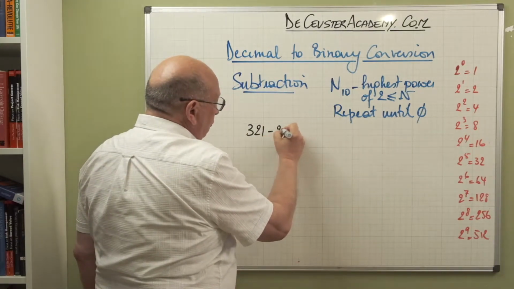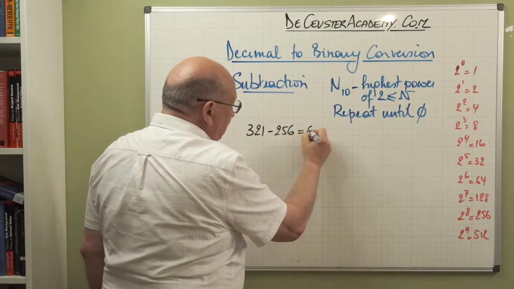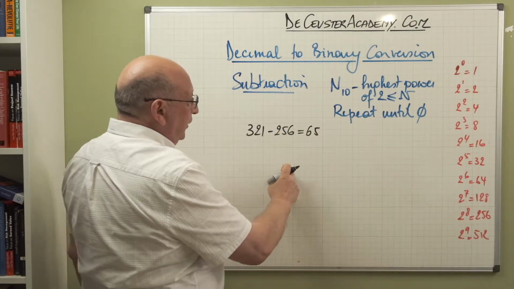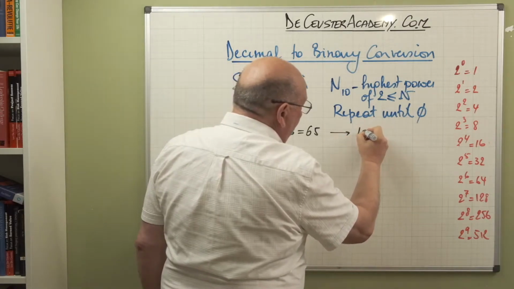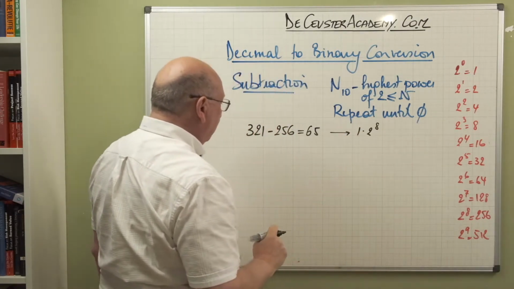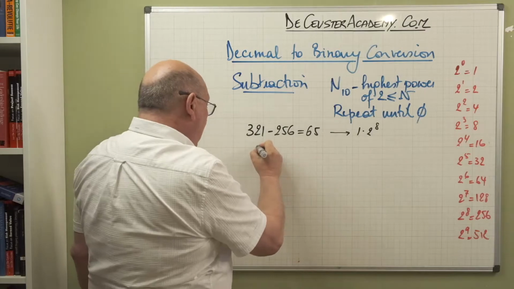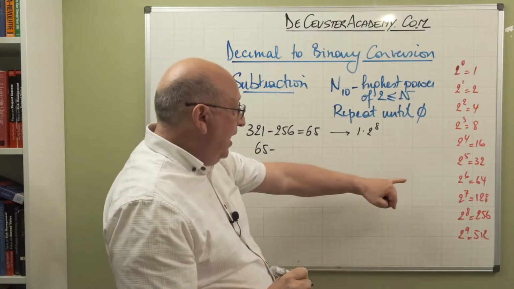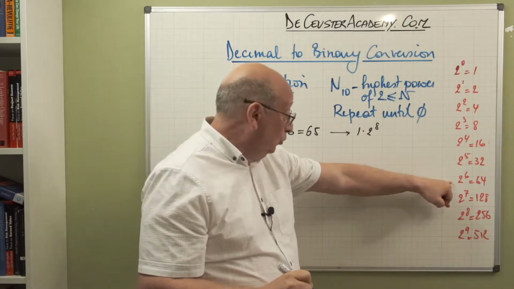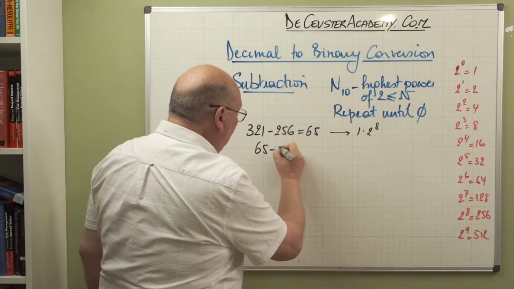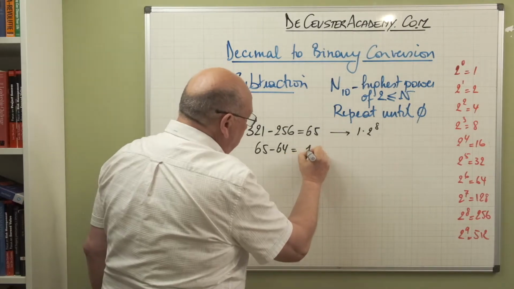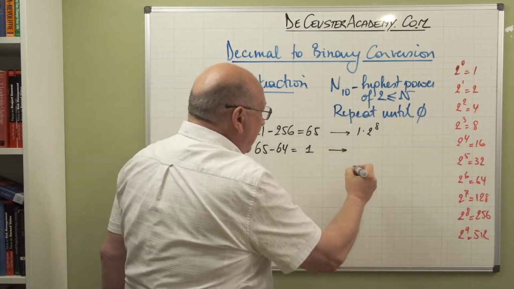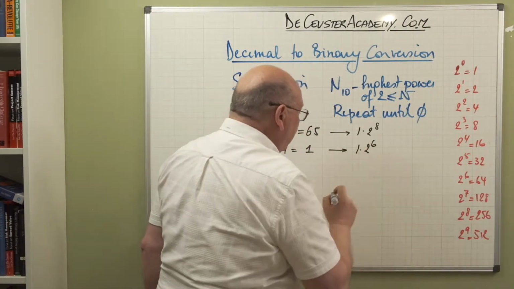So I subtract 256, which gives me 65, and that corresponds with 1 times 2 to the power 8. Next step, the remainder 65: I can subtract 2 to the power 6, which is 64. That gives me 1 when I subtract, and I have 1 times 2 to the power 6.